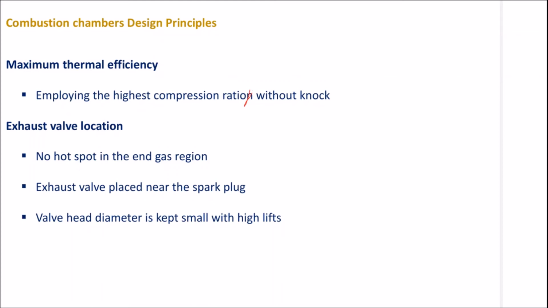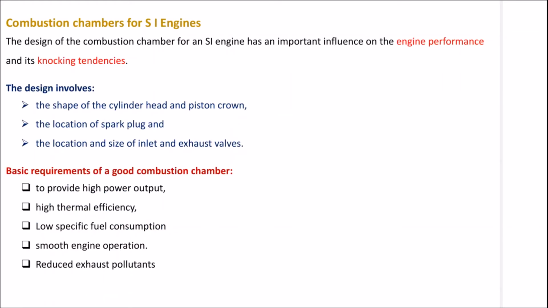Valve head diameter is kept small with high lifts so that it does not act as a hot spot, as well as it provides maximum charge per stroke. The design involves three things: shape, location of spark plugs, and location of valves.